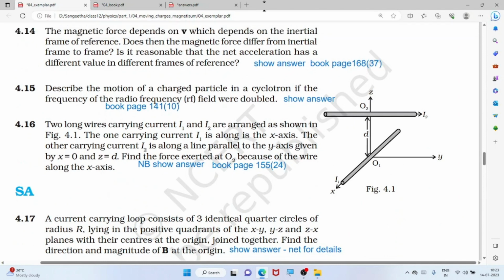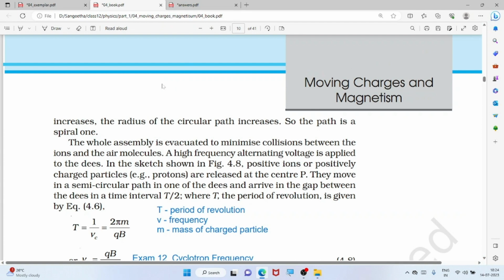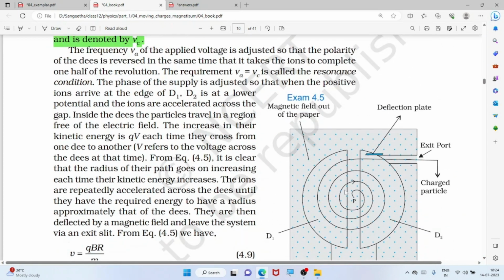Describe the motion of a charged particle in a cyclotron of radio frequency, if the frequency of the radio frequency field is doubled. See, this radio frequency changes the polarity of these two disks.